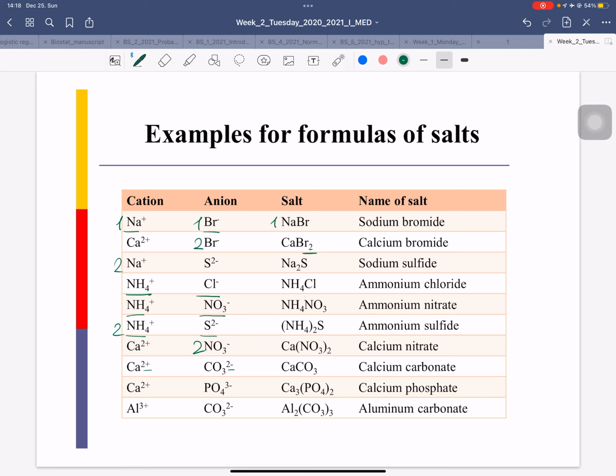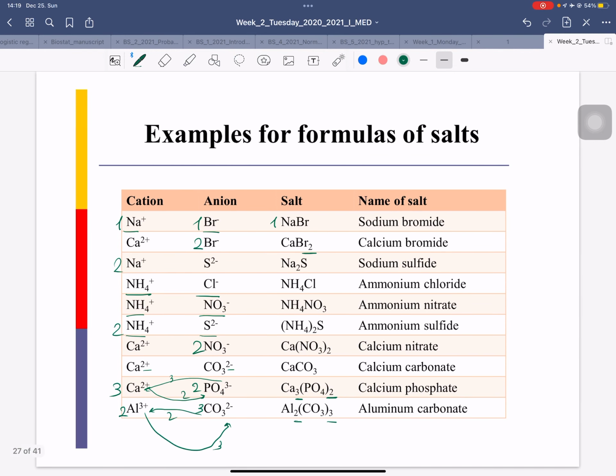But here we give a 3 for here, and we give a 2 for here, then 2 will be here, 3 will be here. Now we have three calcium and two phosphate. Also aluminum, we give a 3 here and 2 here. We have three carbonate, then we put 3 here and 2 here.